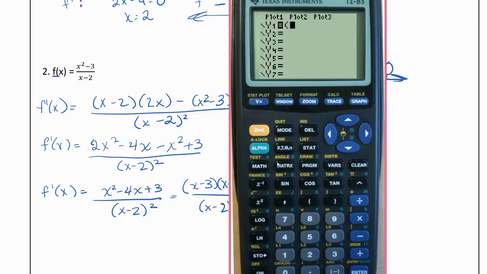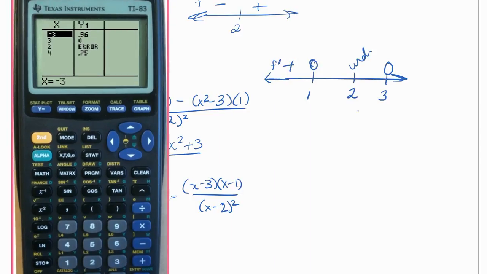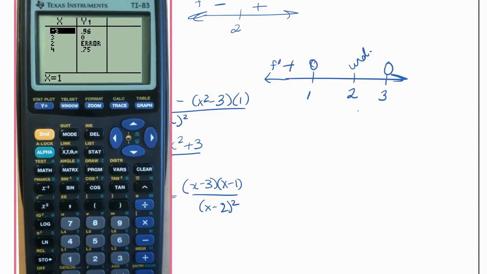So our first derivative here, we've got x squared minus 4x plus 3 divided by x minus 2 squared. So if we go to our table, if I put in 1.5, it's negative, so the next one will be negative. If I put in 2.5, it's going to be negative. And if I put in something like 4, it's going to be positive.